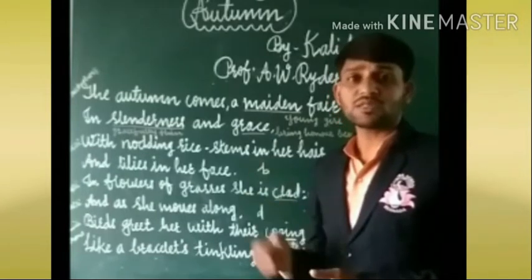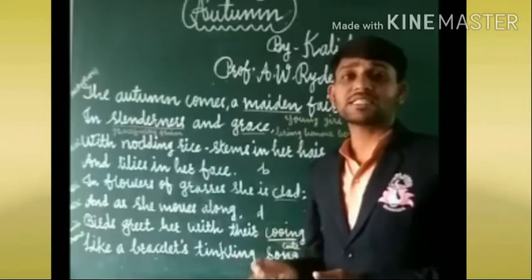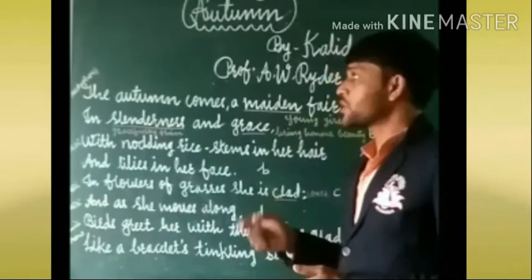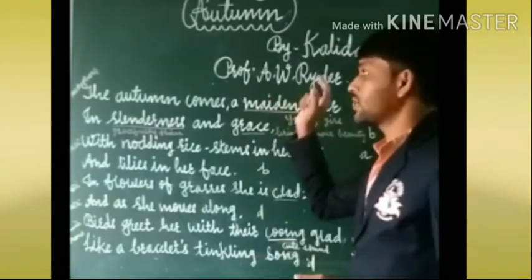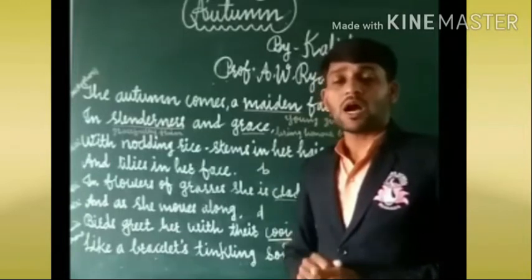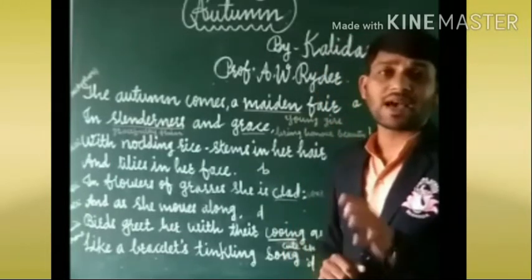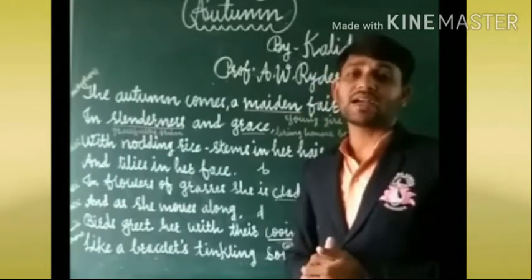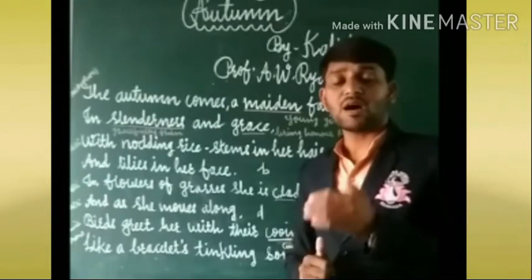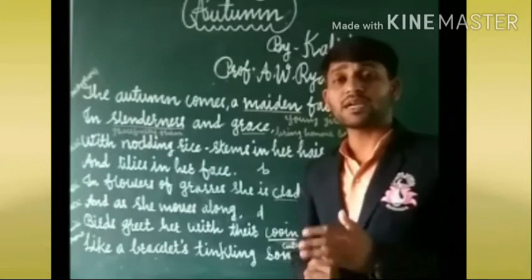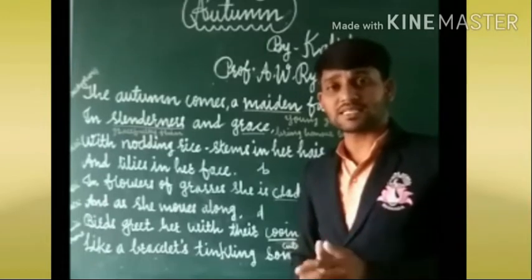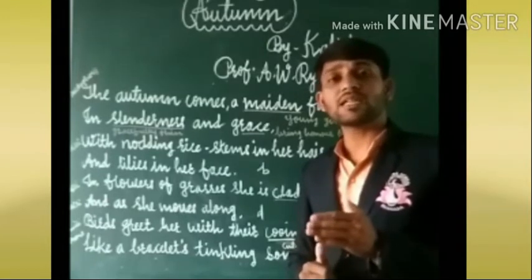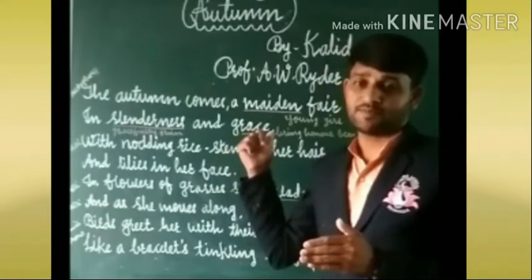And this poem is translated by Professor A.W. Ryder. According to the Indian calendar, there are six seasons, and among those, Sharad Ritu, a Marathi season, is equivalent to autumn.